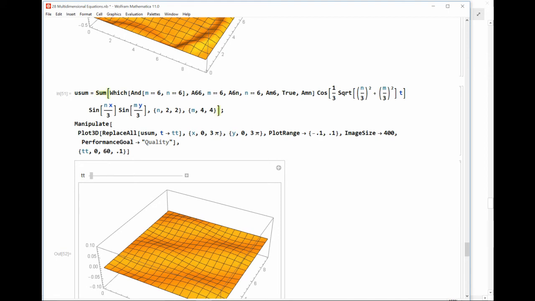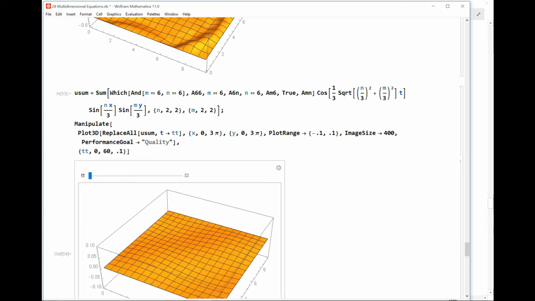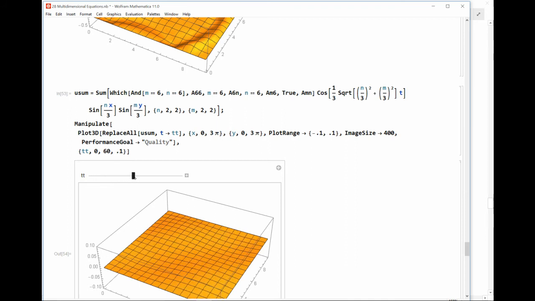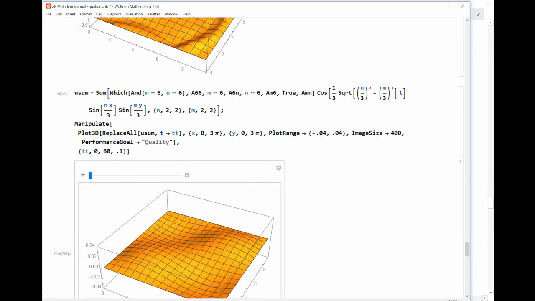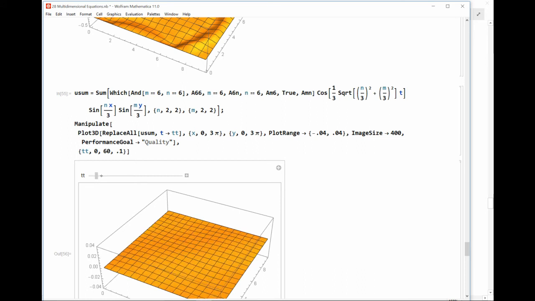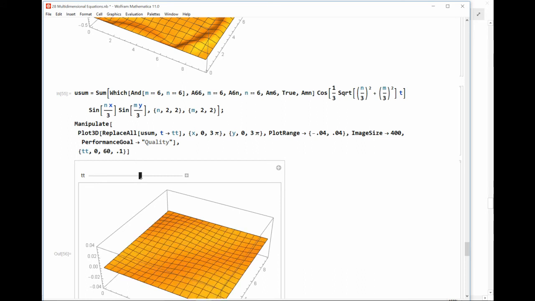So a component with both n and m being 2 is just a wave. It goes up and down. Let me make those waves a little bit more pronounced. You can see those are stationary waves. And just the summation of those waves produces this traveling wave phenomenon.